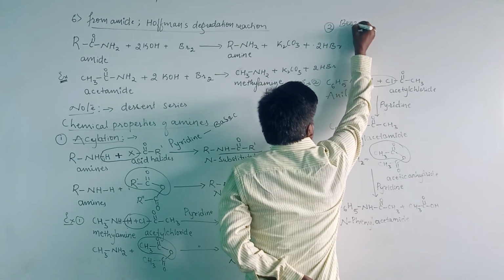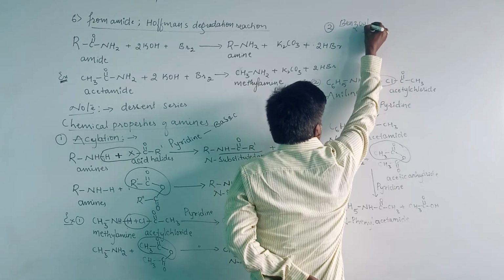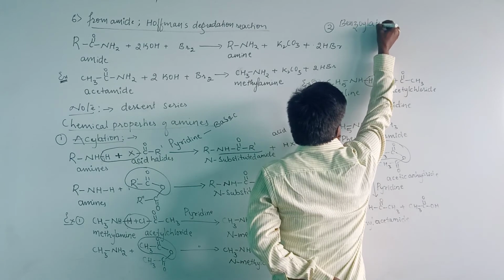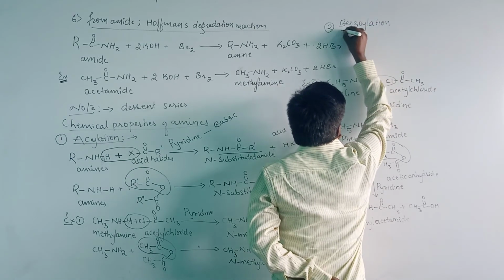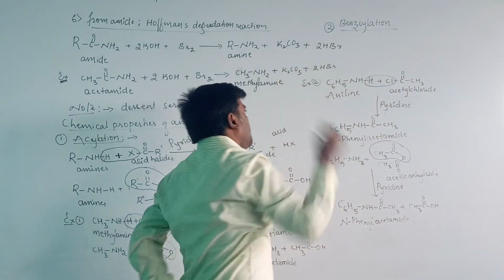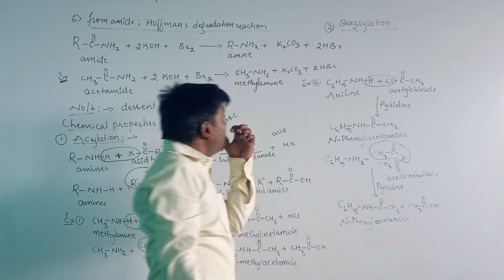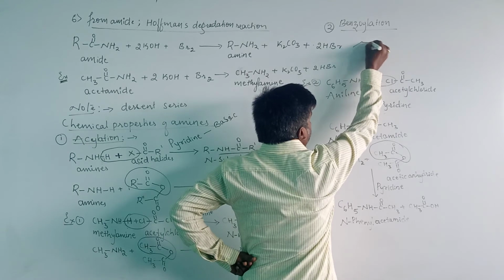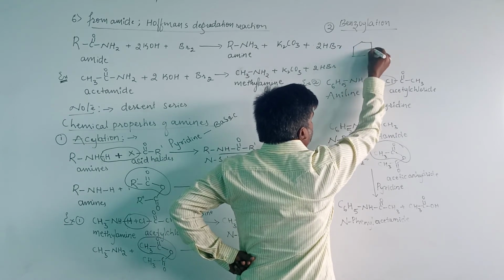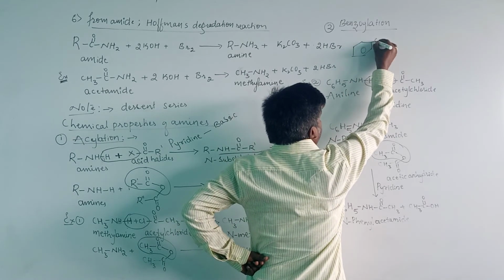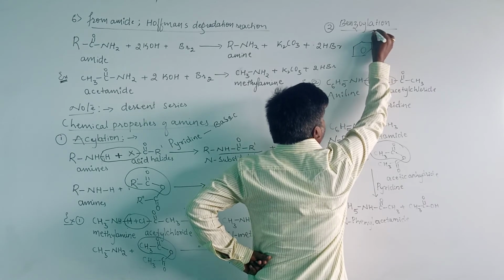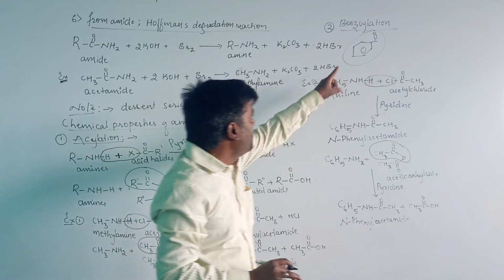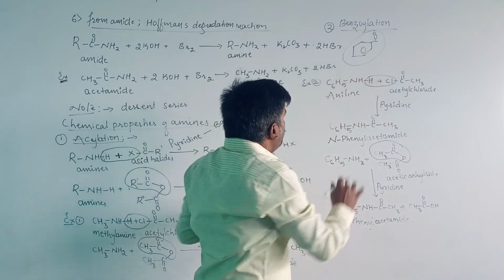The substitution of a benzyl group is known as benzylation, the benzylation of amines. I will give a hint here. The benzyl group, that is C double bond O, this part is known as the benzyl group.